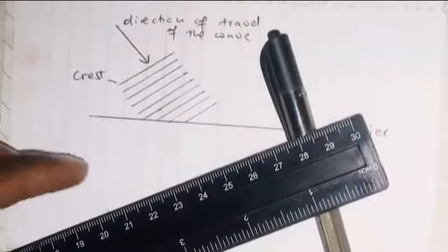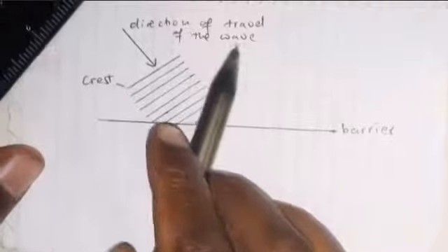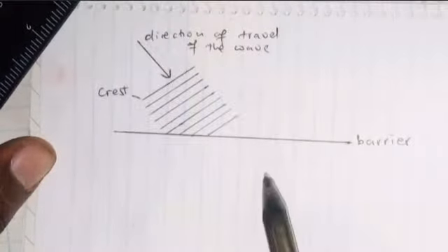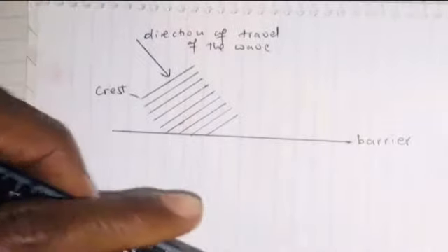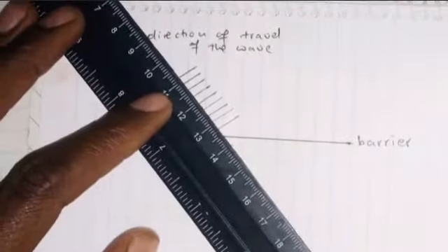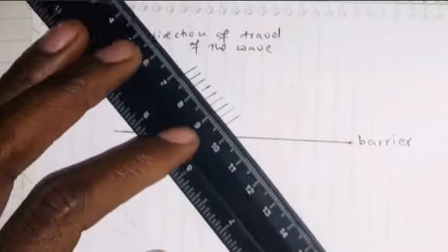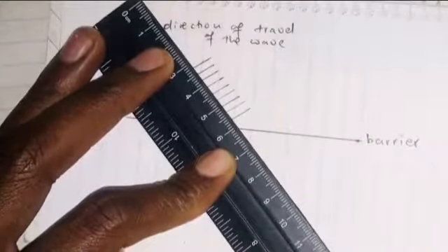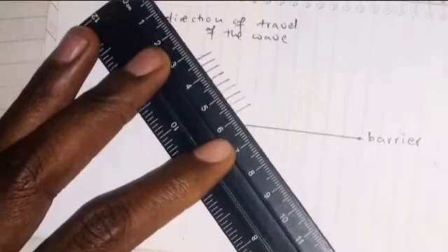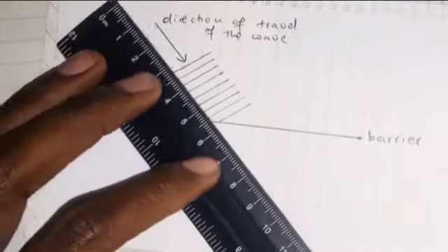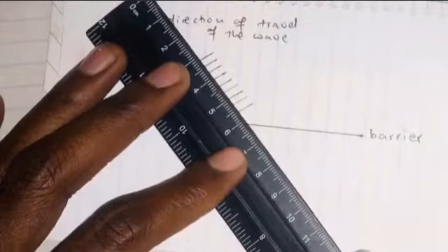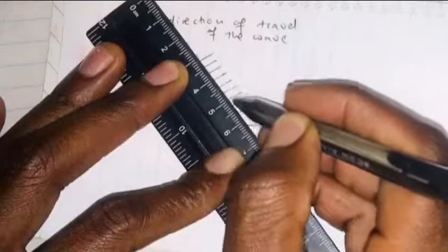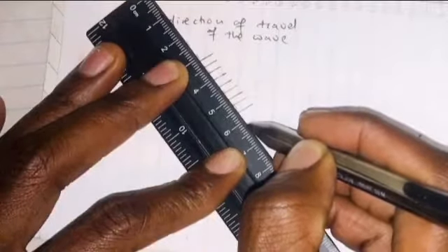So this is the direction of the wave, and these are the crests, and this is the barrier, of course, which is reflecting them. The most important thing is to draw a line which is perpendicular to all these crests. So we draw a dotted line here, perpendicular to all the crests.